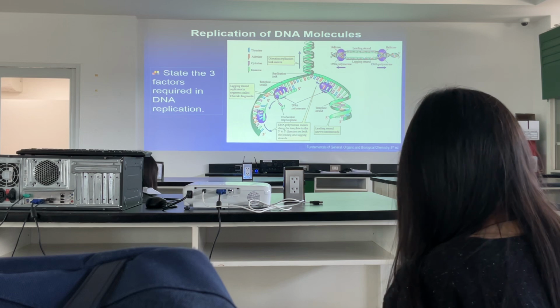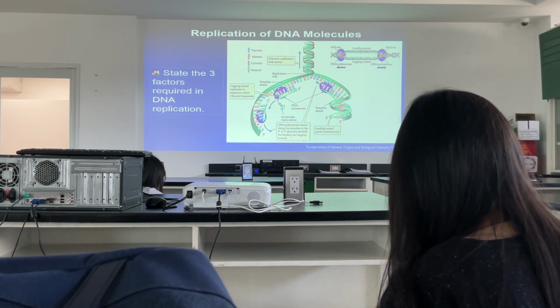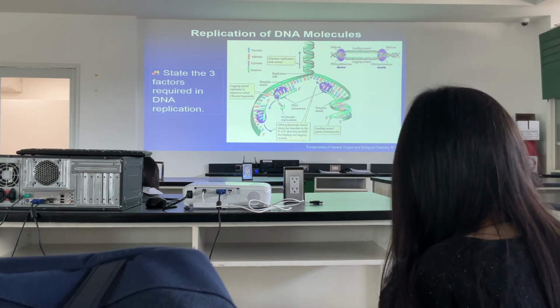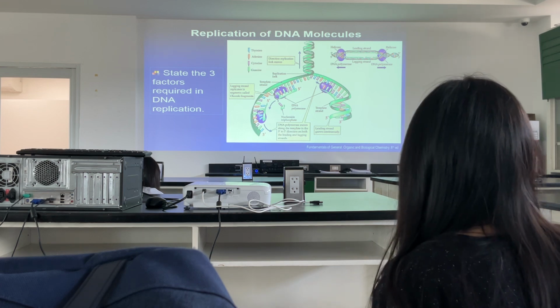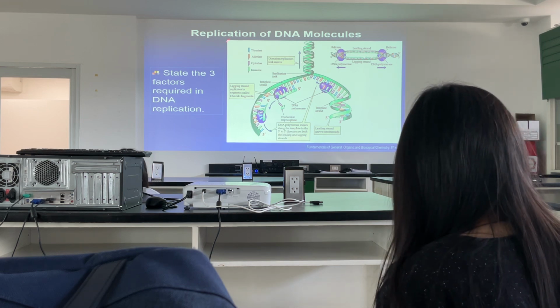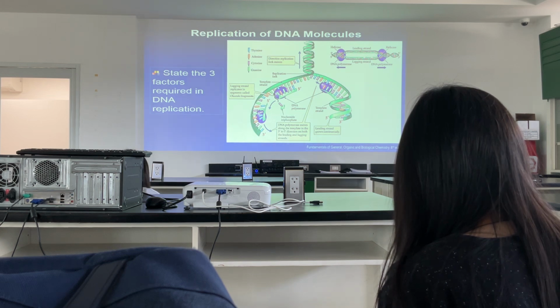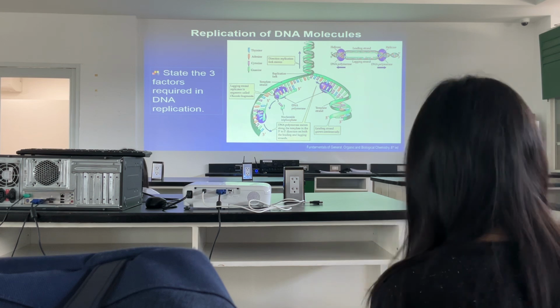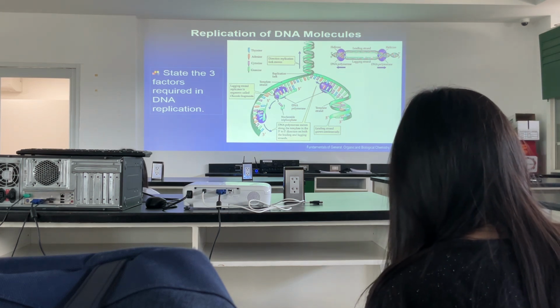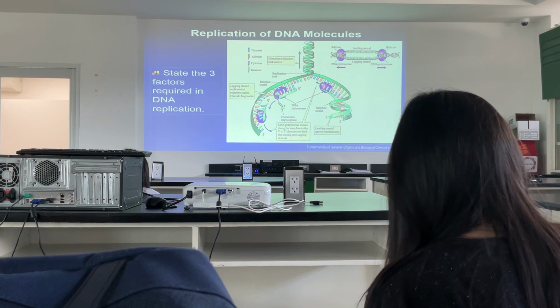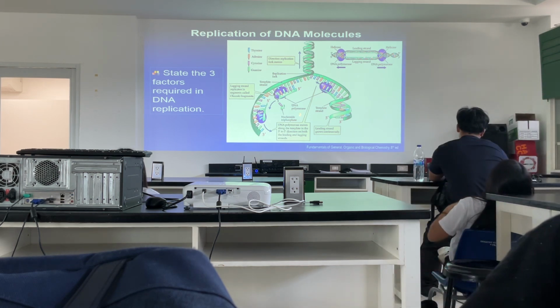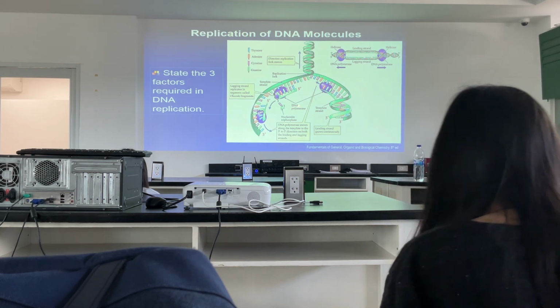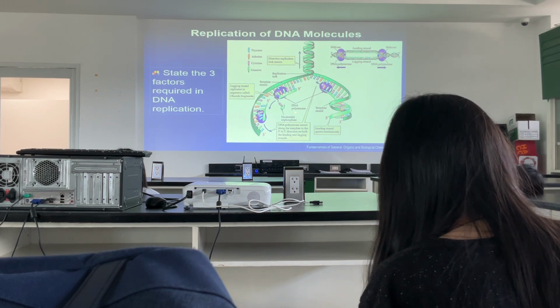If it is a polymerase, its catalytic activity is to polymerize nucleotides. What's the building block of DNA molecules? Nucleotides. So the nucleotides are connected to one another by the enzyme DNA polymerase.